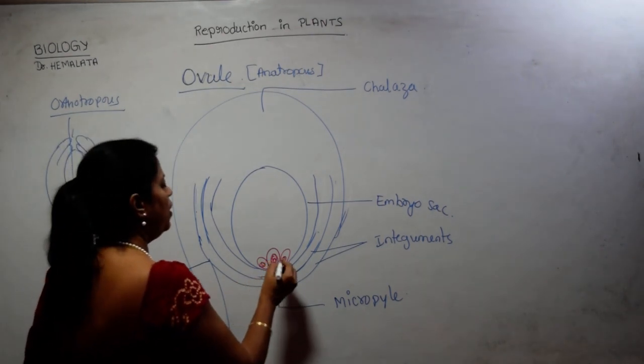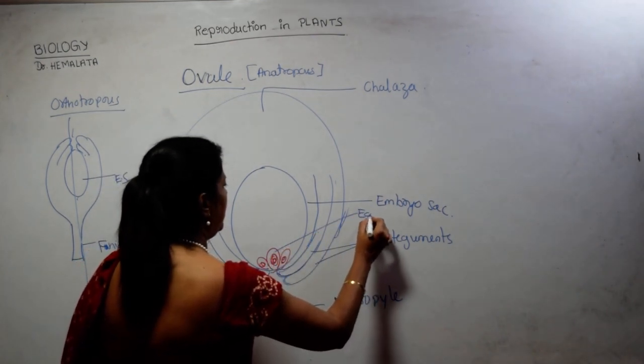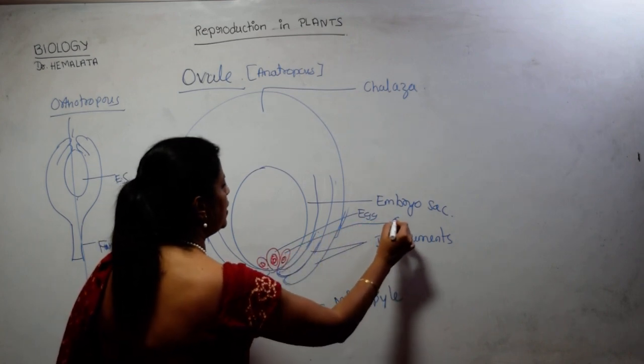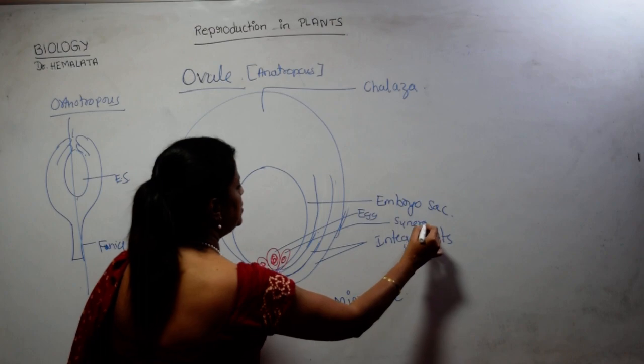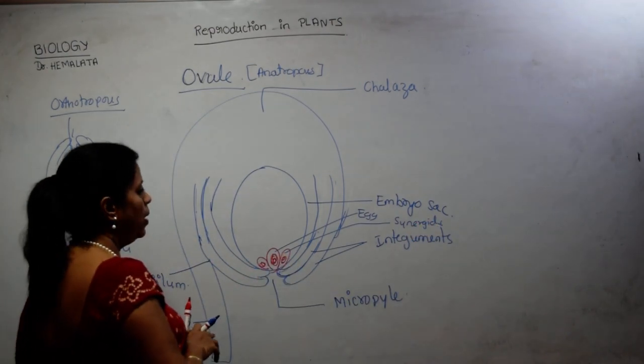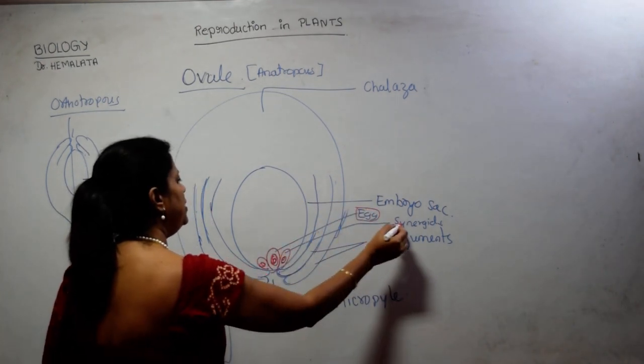What we call this one is the egg cell, and to the right and left of it, these are the synergids on either side, here and here. So this is the egg, the female gamete, and these are the synergids.